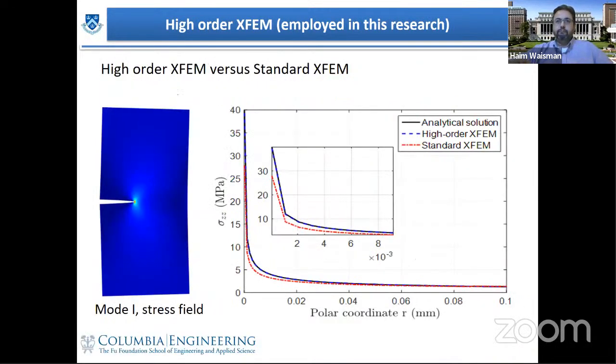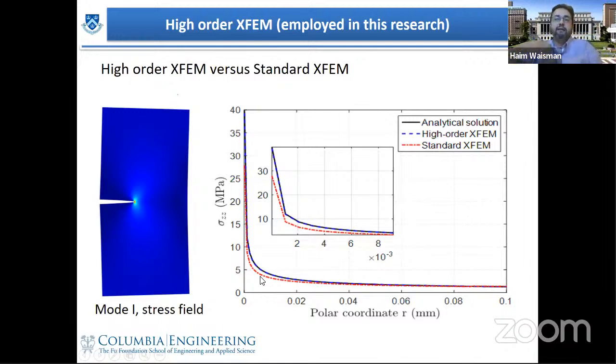And so just to give you an example, if you take all these functions and not only the leading term, you can see here a mode 1 fracture, and the stress singularity is apparent here. There is an analytical solution to this problem, which is shown on this figure in black. And you can see that if you use a standard XFEM, which is denoted by red, it deviates slightly from the analytical solution.